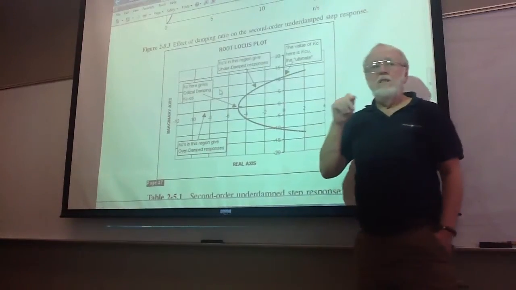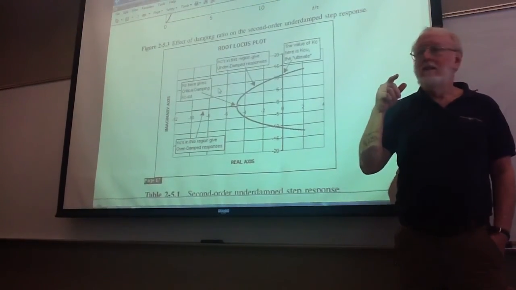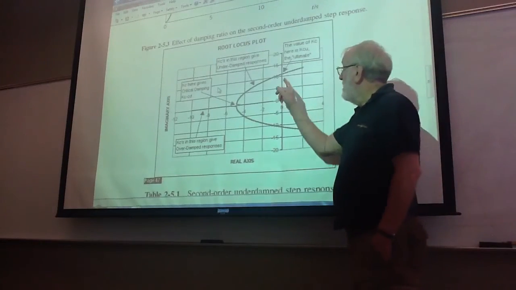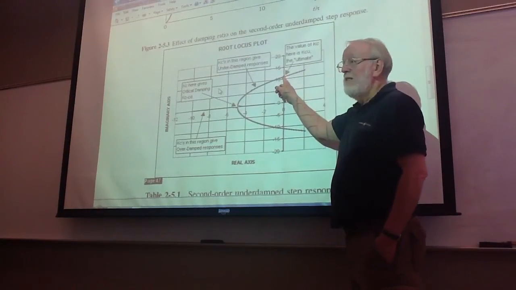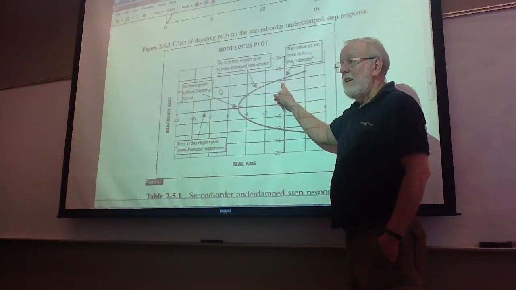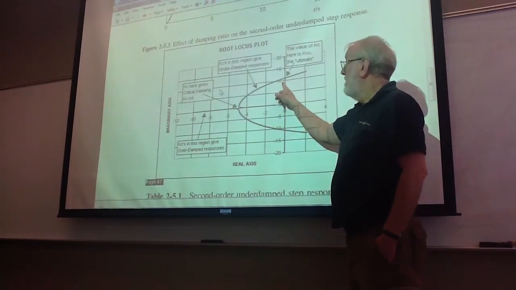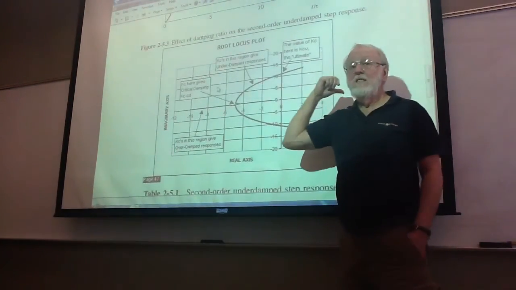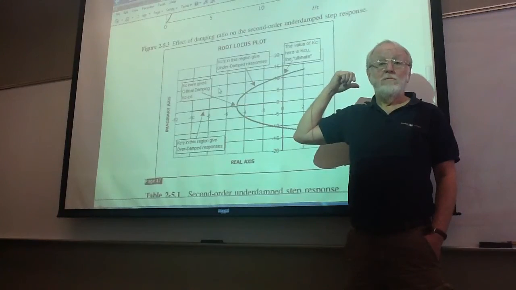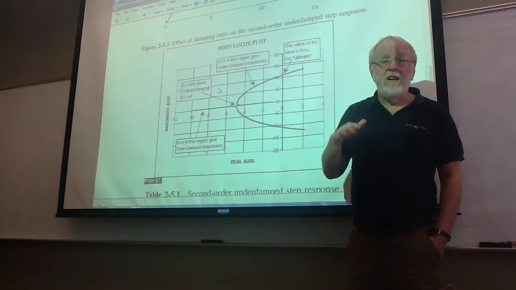How many of you have heard of KC ultimate? That KC is the one that makes this right on the imaginary axis. That means it oscillates forever. And on this side, it means system blows up. If it's a linear system, none of us have linear systems.